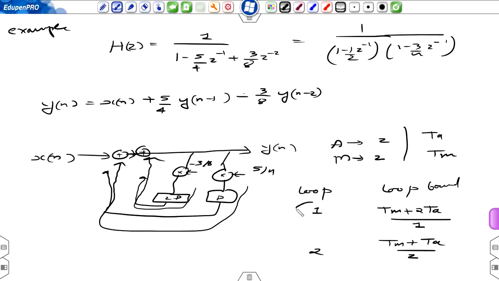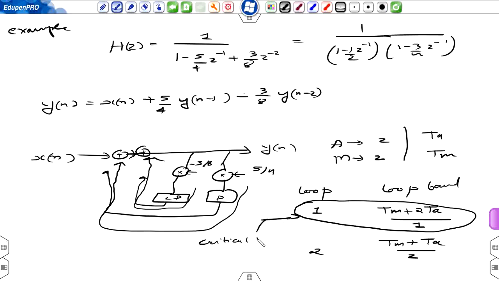So obviously this is the critical loop and this value is the iteration bound. This is the critical loop and the iteration bound is Tm plus 2Ta by 1. So T sampling for this circuit can be reduced up to this value by retiming and placing registers in between.